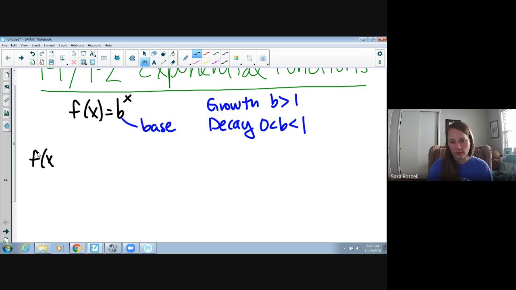So we'll just graph a basic one. Is this growth or decay? It's a growth, right? Because the base is bigger than 1. The base is 2. Now let's make a table of values, and we'll plot it.